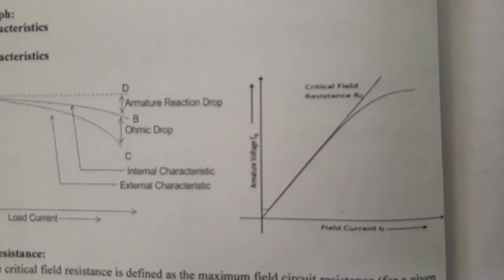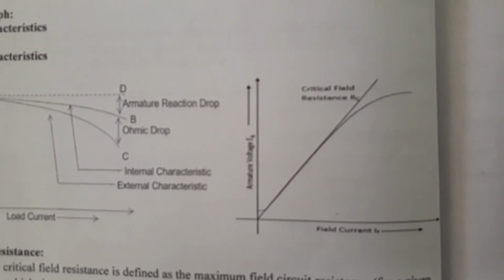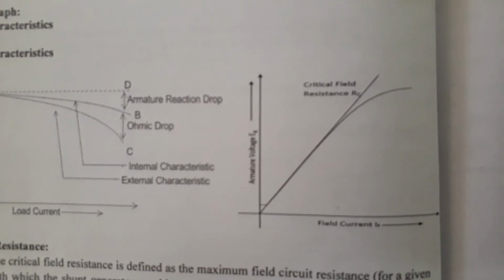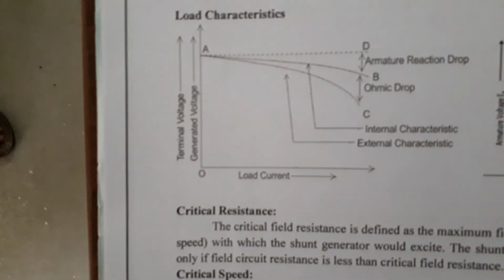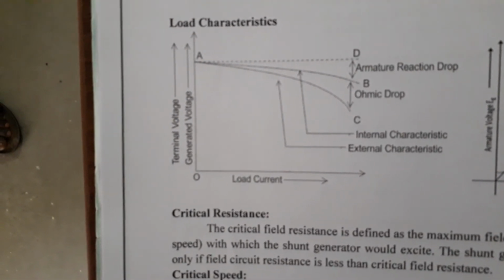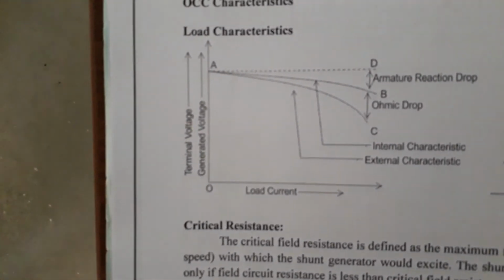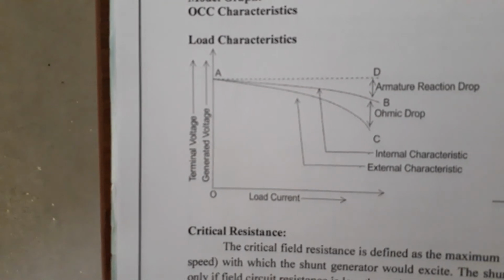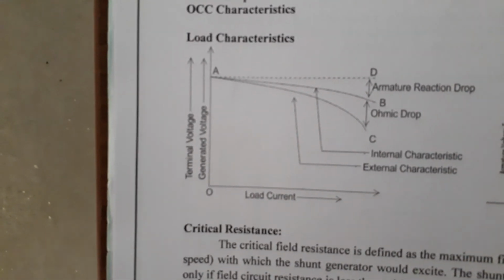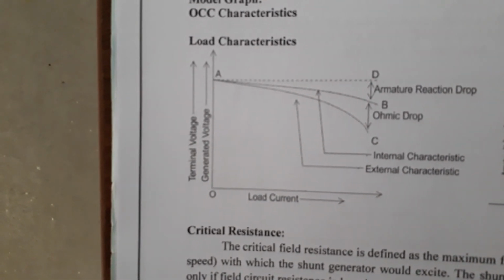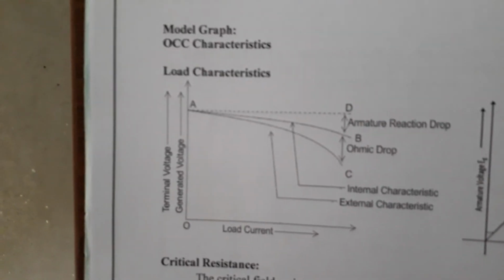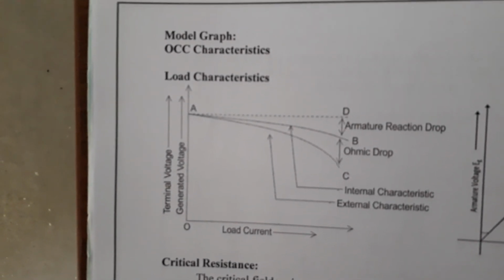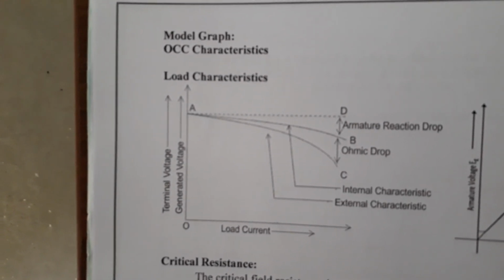This is your open circuit characteristics curve, and this is your load circuit characteristics curve. You have one x-axis, that is load current, and two y-axes, terminal voltage and generated voltage. Terminal voltage is Vt and generated voltage is Eg. Right, so this AD dotted line is the constant or maximum value.